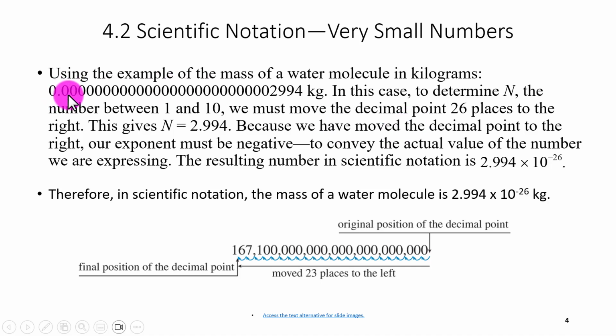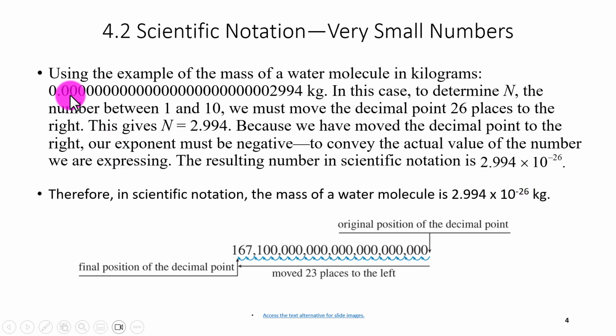To move the decimal point to where I get a number between 1 and 10, so 2.994, just like here, I would have to move the decimal point 26 times. Therefore, the way I express this number in scientific notation is 2.994 multiplied by 10 raised to the -26 kilograms.